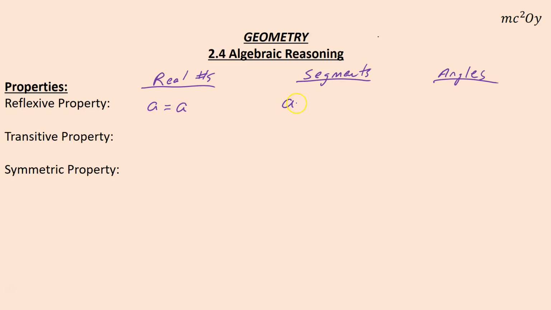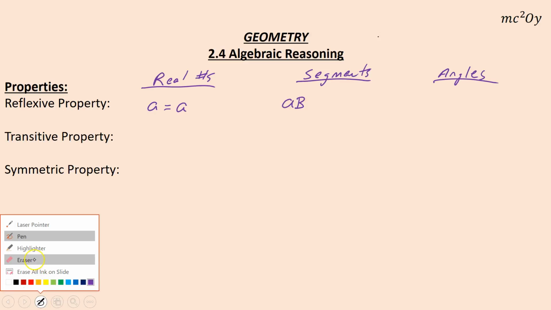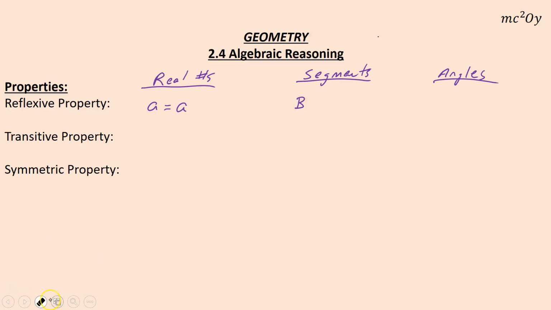In terms of segments, we could say like AB. You know what, let's use capital letters on this. Okay. AB equals AB. So if you're dealing with segment lengths there. And then say angle measures, we could say the measure of angle A equals the measure of angle A. Okay.